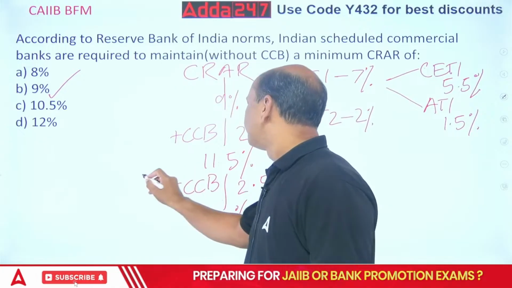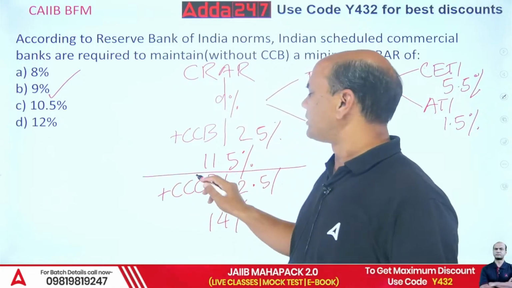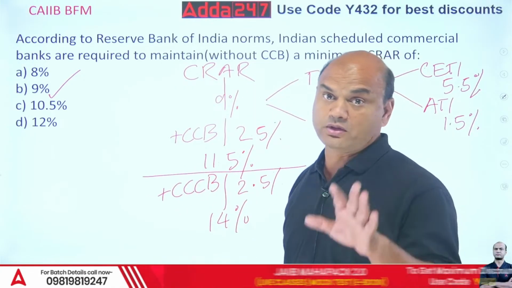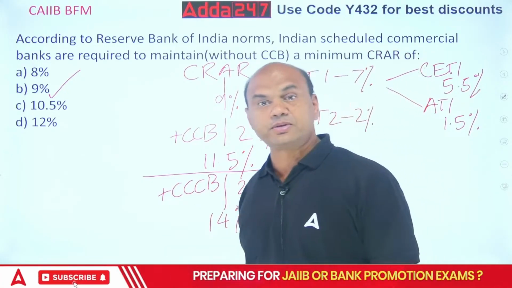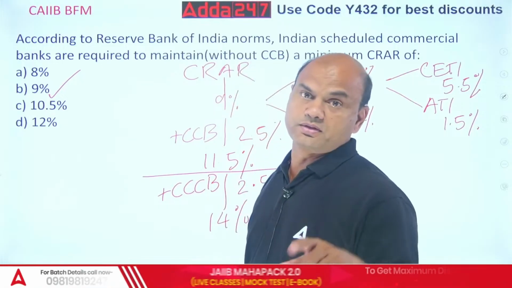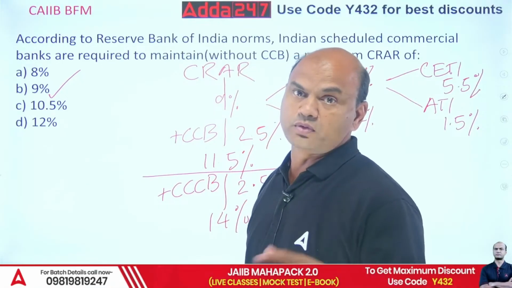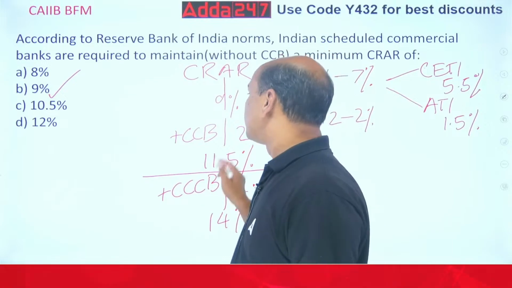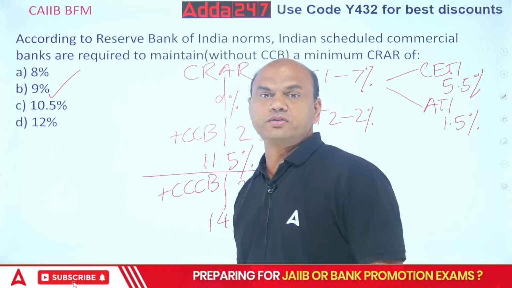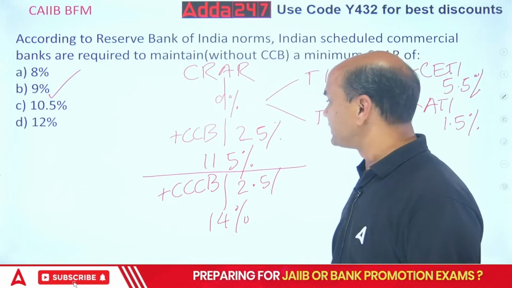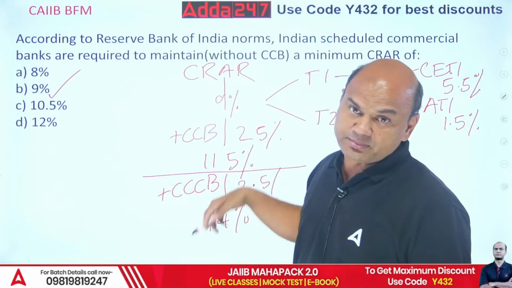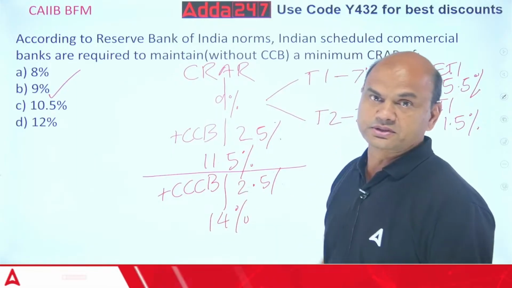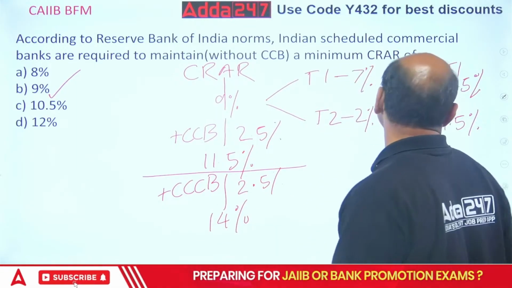But up till now, RBI has never put triple CB. If RBI has to put triple CB, it has to give a notice of 1 year, 3 or 4 quarters. Okay. So now the answer over here is without CCB is 9%. Again, with CCB is 11.5%. With CCCB is 14%. Okay. Got it? Clear?